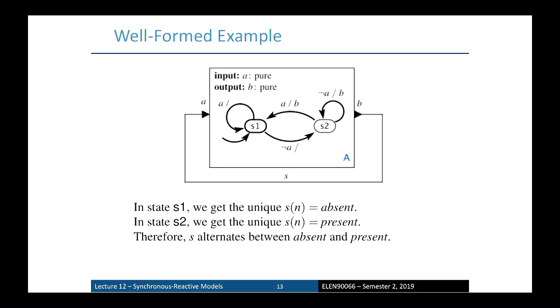Now B is also A, so if we're in this state here and B is present, then it's going to take this transition, and this transition is congruent with what I just said, that B has to be present in order to take that. So this has the fixed point of being present in S2. So both states have fixed points here. They're both unique. So they exist and they're unique, and therefore it's a well-formed state machine. Okay? The behaviour is completely predictable for this state machine.